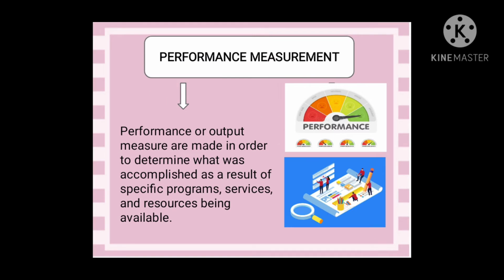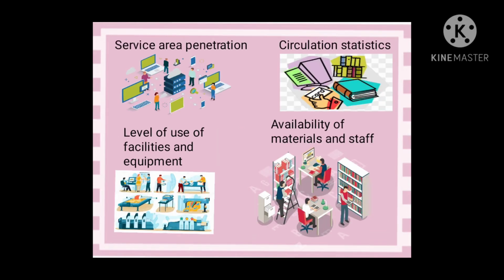So we have here the performance measurement or output measures that are made in order to determine what was accomplished as a result of specific programs, services, and resources being available. As an example of performance measures, we have included the service area penetration, level of use of facilities and equipment, circulation statistics, and availability of materials and staff.